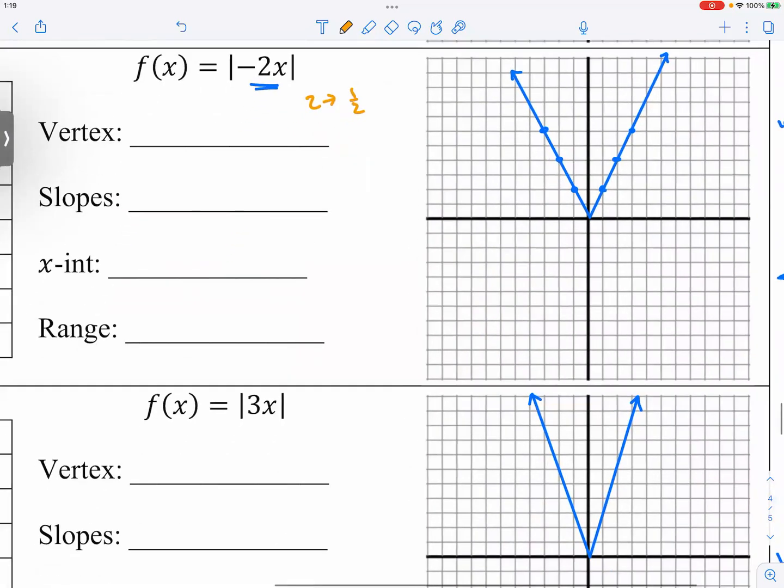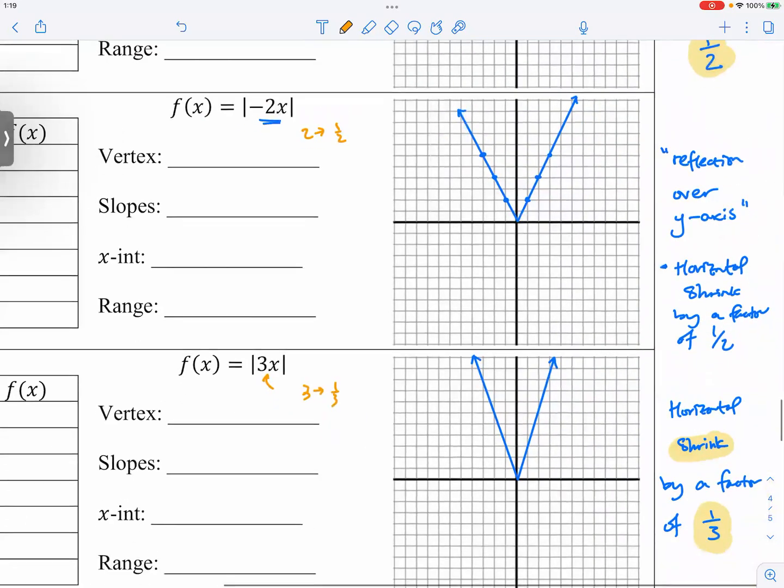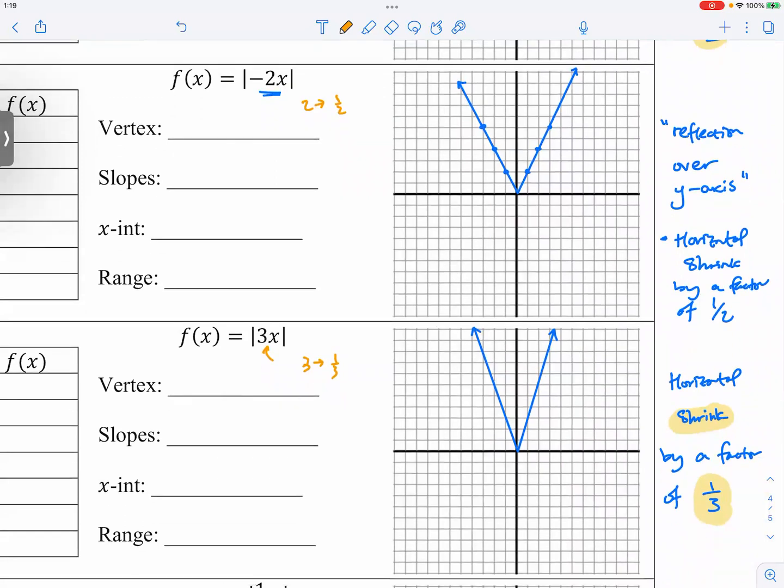So if it's a 3, what do you do? 3 becomes 1/3. So 1/3 is a number that's less than 1, then we say it's a horizontal shrink by a factor of 1/3.